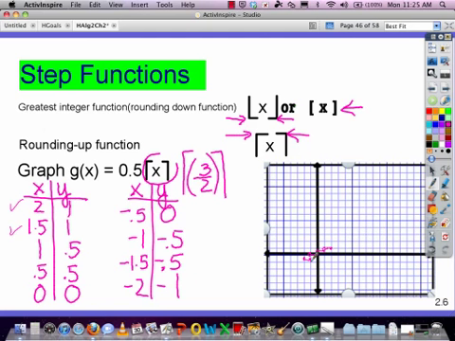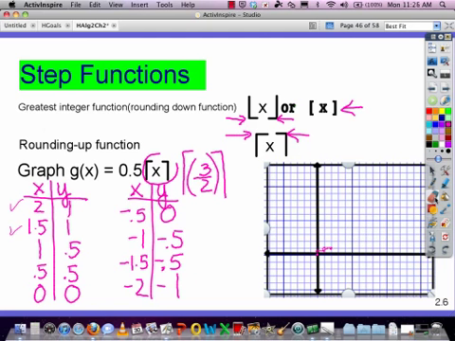And then last but not least, that's an open circle. So this would be open at, oops, you can see I screwed that up. Went over too far when I did that. One more time.